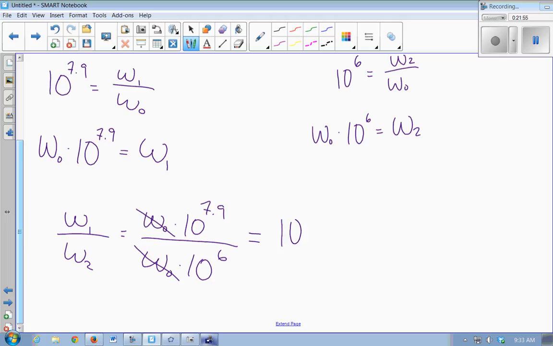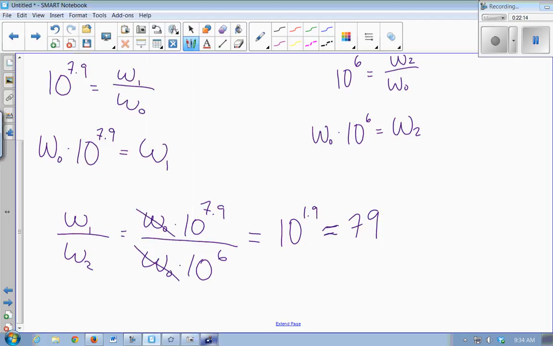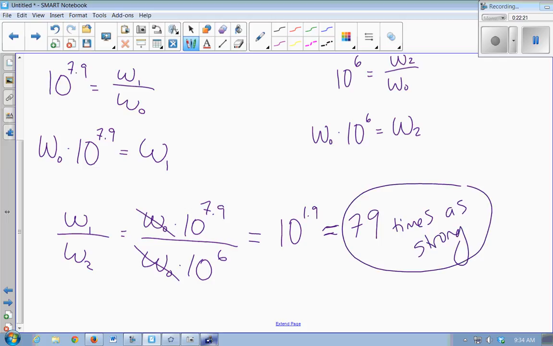So this would be 10 to the 1.9. So that's how many times as strong it would be. About 79 times as strong. Does that make sense? Okay, good. Don't forget it.